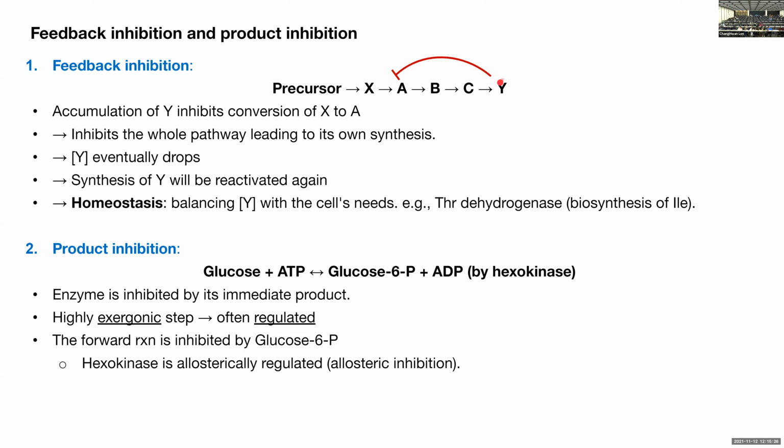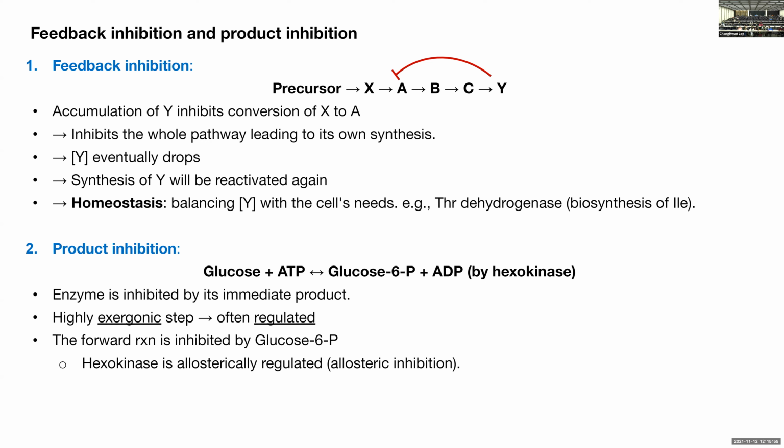But when Y has dropped enough and become pretty scarce, this pathway can be reactivated to synthesize Y further. This negative feedback loop is widely used, especially for maintaining a certain state in terms of certain molecule concentrations or pH levels and things like that in the living system.